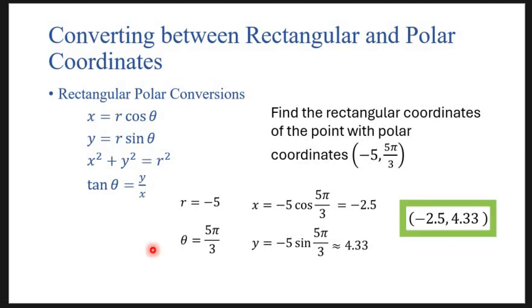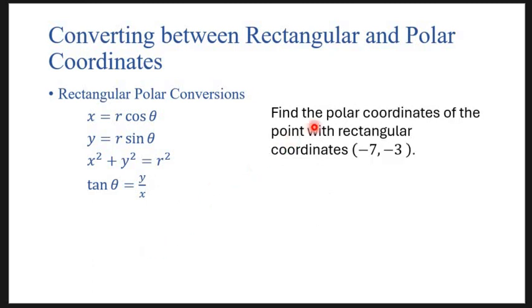All right, let's do one more example. Here I have some rectangular coordinates, and I want to find the polar coordinates of the ordered pair -7, -3. Here they're giving me an x value of -7 and a y value of -3. Since these are rectangular coordinates, I'm going to use those 2 values to find r and theta, using the 2 bottom equations here.